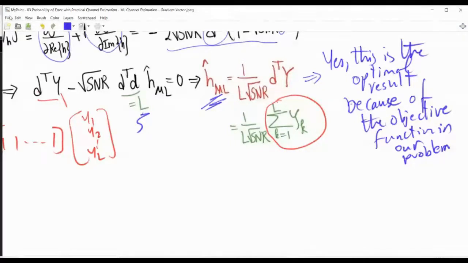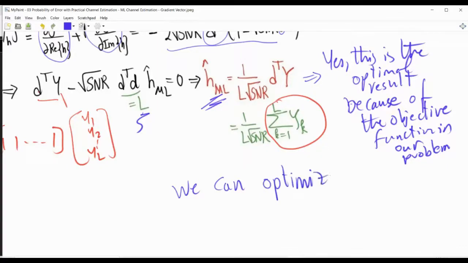So you can say, I am getting this performance, but out of M symbols, I am using L symbols for channel estimation. And so you can get an objective function and optimize. You can try to find the optimal number of pilots.